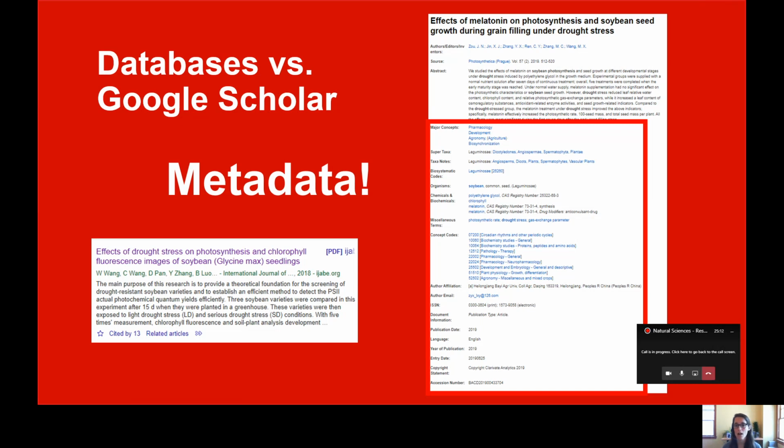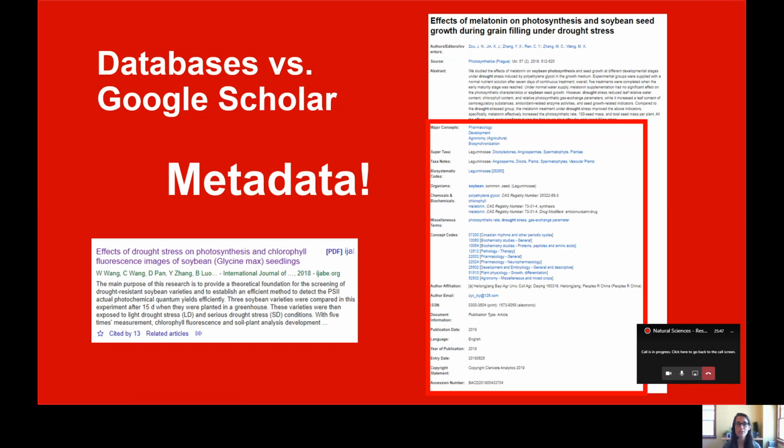You can see here within the Biological Abstracts database specifically, there's additional information added about major concepts. There are biosystematic codes and organisms and chemicals and biochemicals and concept codes. A lot of this information your advisor will help you navigate, because if you have a good background knowledge of your particular topic, you'll be able to really use that metadata to have more focused searching.